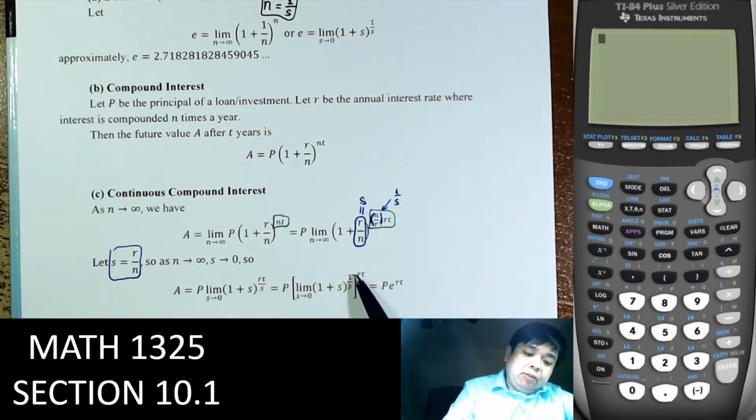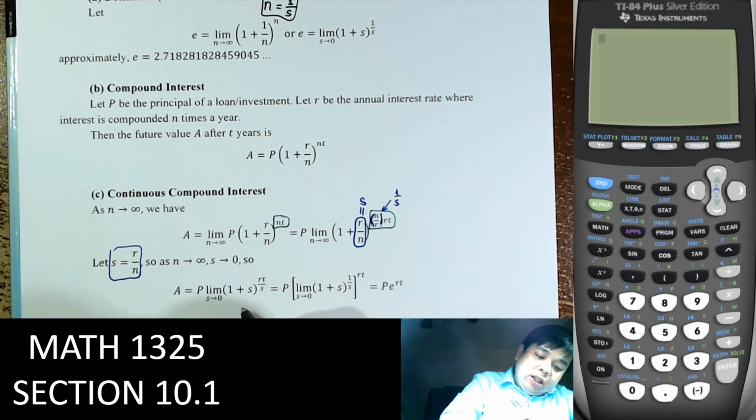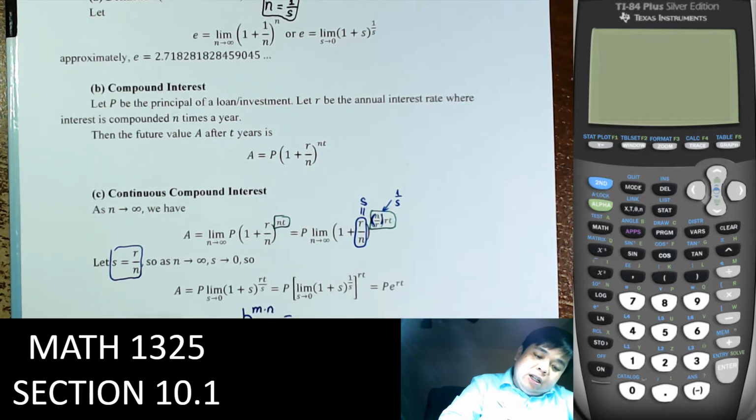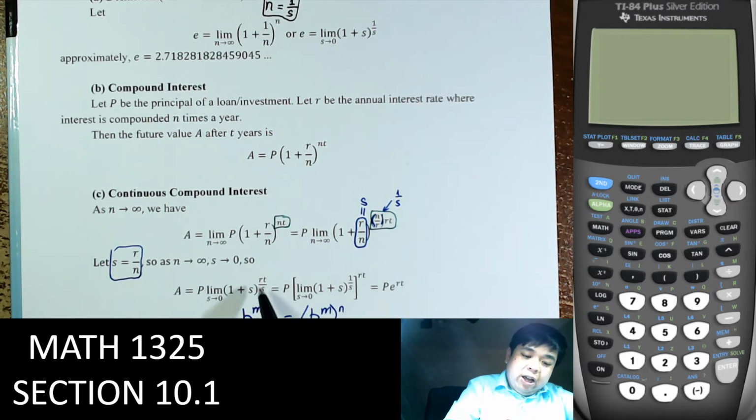And now, from here to there, the property that we use is: if we have something raised to the m times n, it is equal to b to the m, raised to the n power. So we have 1 over s times rt, and to the rt, and finally this by definition is e.